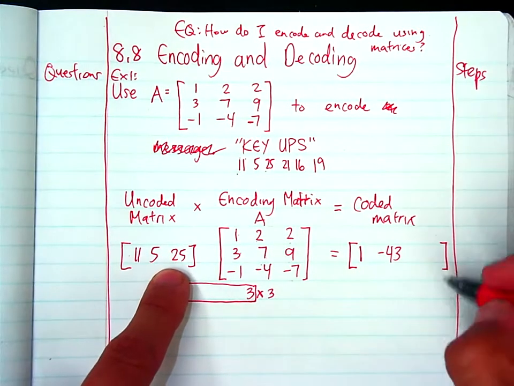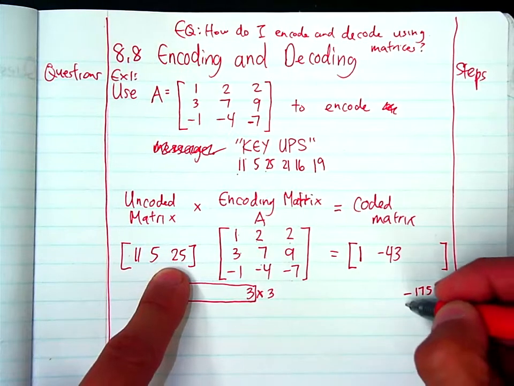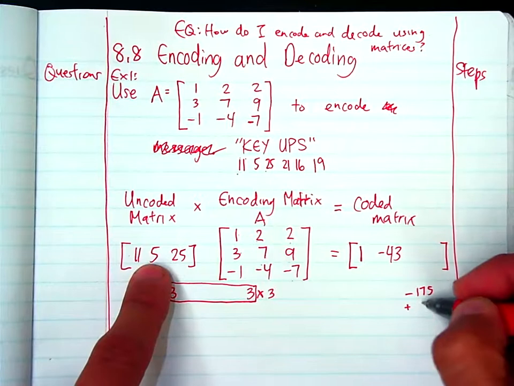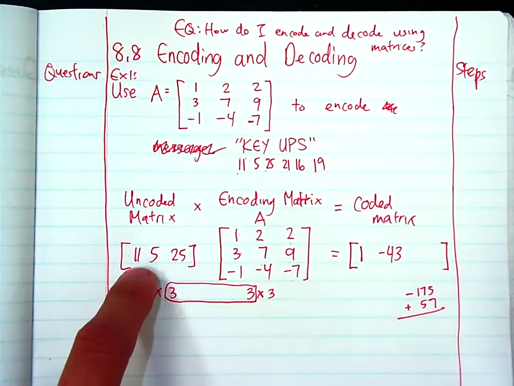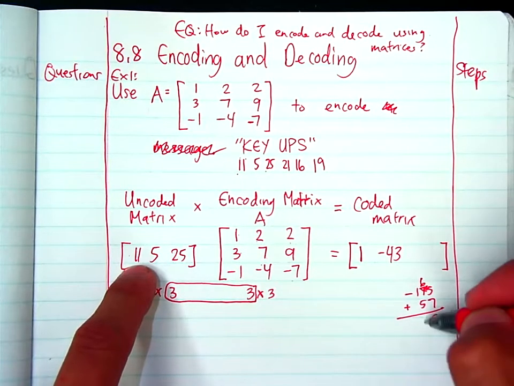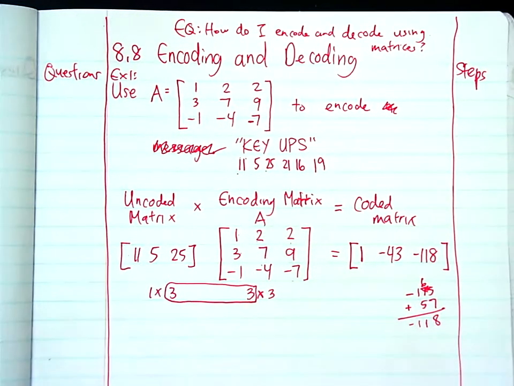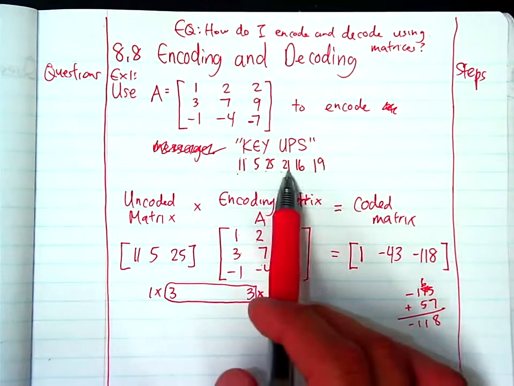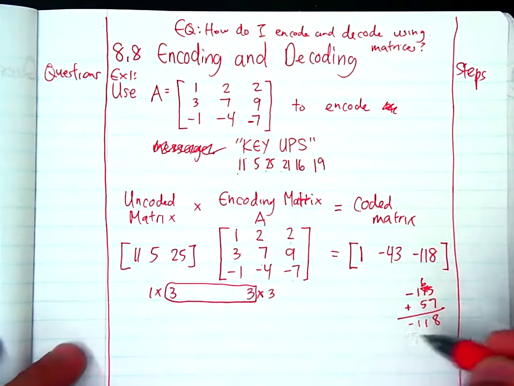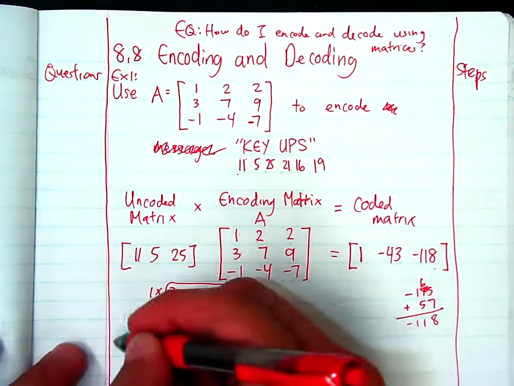I'm going to write my little steps here: negative 175 plus 57 will give me negative 118. Okay. And then I still have 3 more letters to encode. These are my first 3 coded matrix. So I'm going to do the next 3.